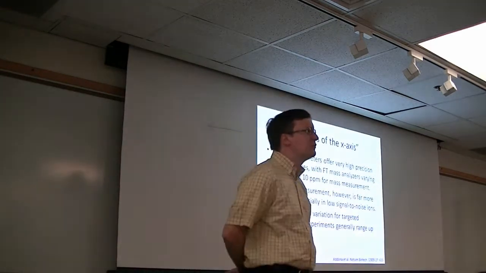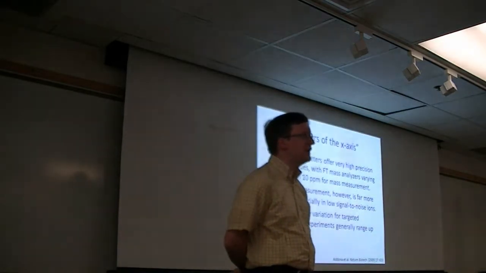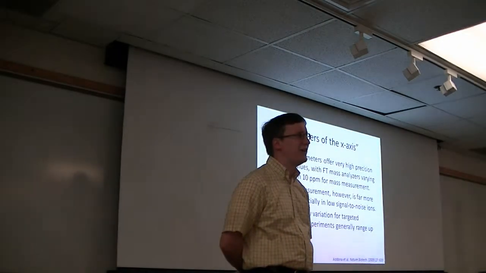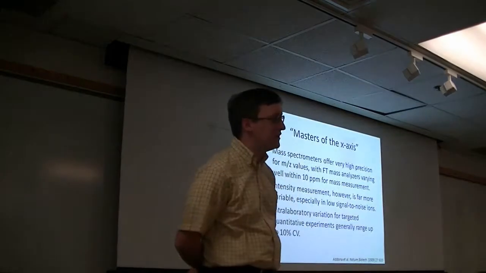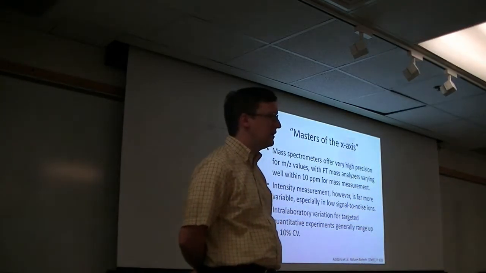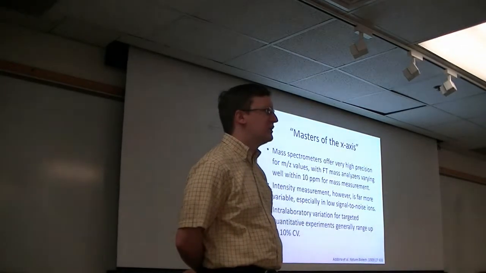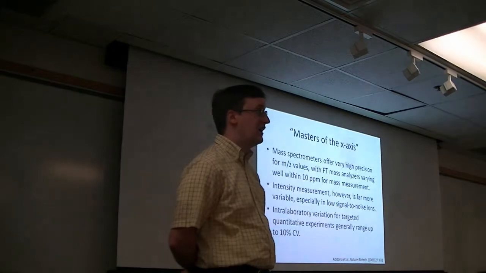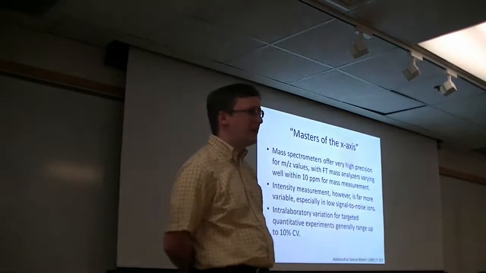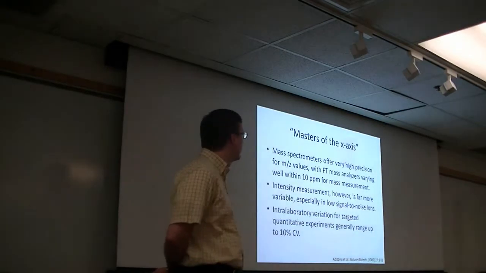So a lot of times when we talk about the capabilities of mass spectrometry, we're caught up in the bind that we're very, very good at positioning a peak in M over Z space. But our ability to measure intensity directly is not quite as solid. The degree of variation that we experience can be kind of high.